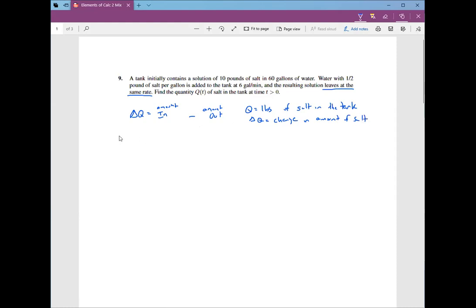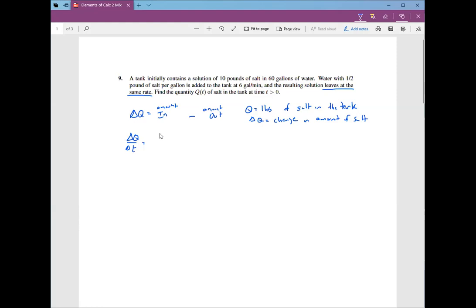When I learned this, we typically used Q for quantity. You can use whatever letter you'd like. If you want to use S for salt, that's fine. If you want to use N for NaCl, that's fine. Whatever letter you feel comfortable with. So setting this up, we're going to have dQ by dt. And the amount of salt in, we're going to make another model for the amount in.